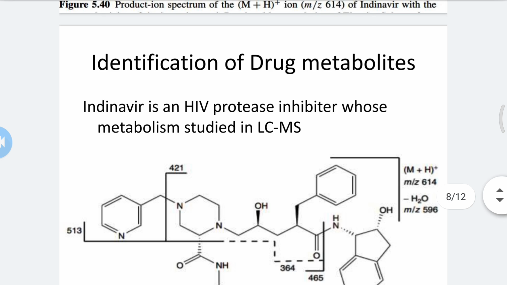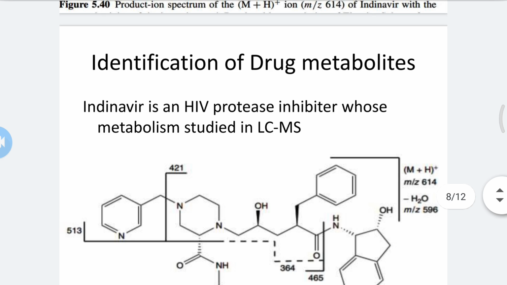Okay, if we use LCMS/MS with electrospray, it forms a molecular ion, generated as M plus H plus, and its molecular mass is about 614.